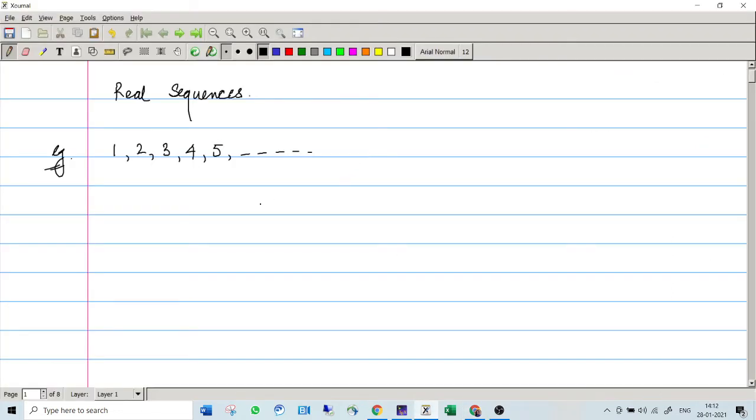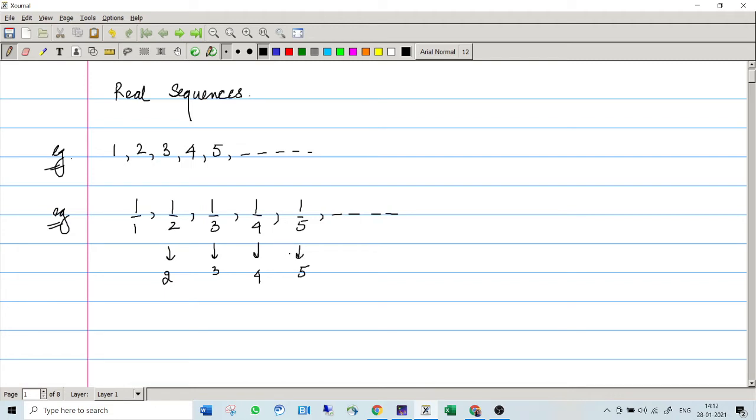Another thing, if we have something like 1, 1 by 2, 1 by 3, 1 by 4, 1 by 5, and so on. So again, you have the collection of the numbers in the manner such that first place is 1 by 1, second place is 1 by 2, third place is 1 by 3, fourth place is 1 by 4, fifth place is 1 by 5, and so on.